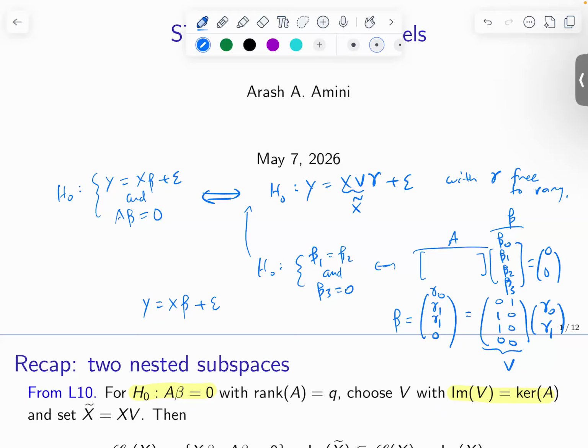And so you can see this is kind of a reduced model because now I have two parameters versus four.